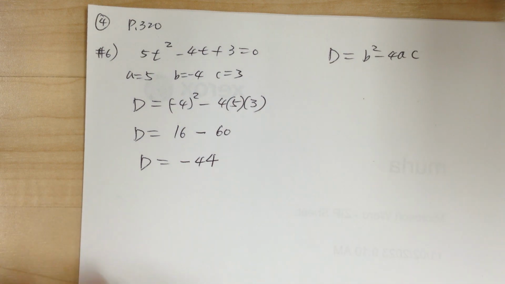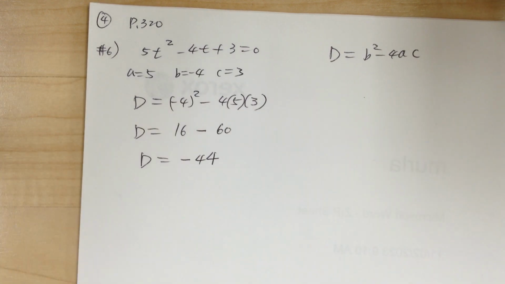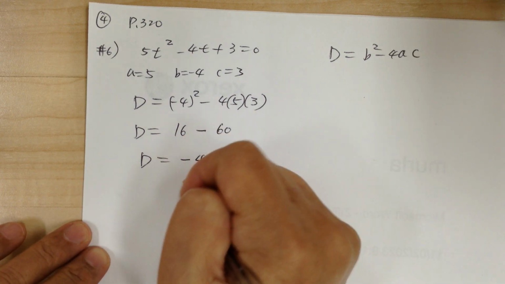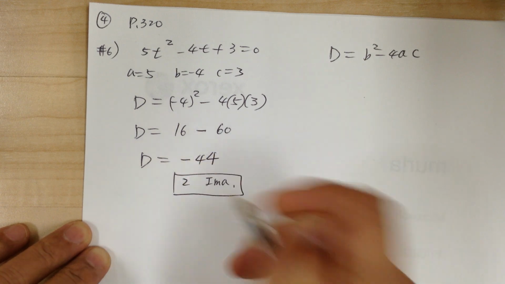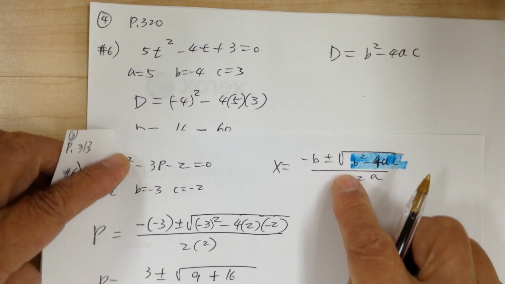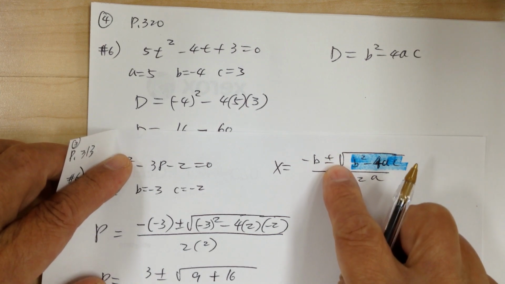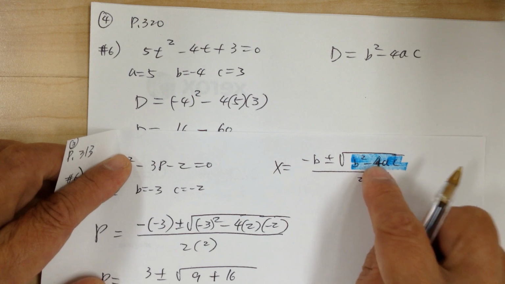That means you're going to get negative 44 inside the square root. Therefore you're going to get 2 imaginary answers. The reason you get 2 is because there's a plus or minus, one for the plus, one for the minus, and it's imaginary because you got a negative inside the square root.